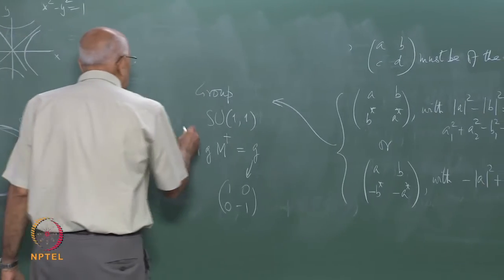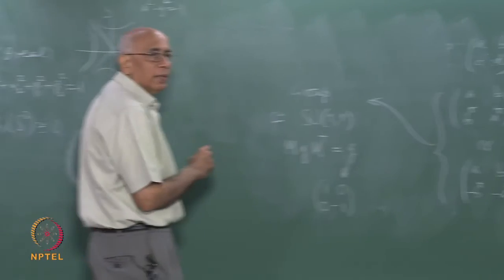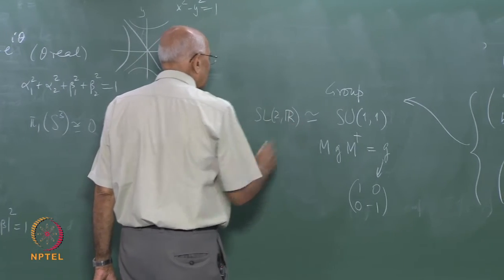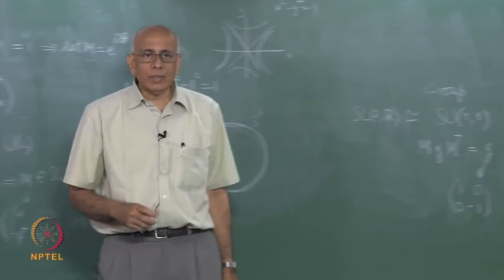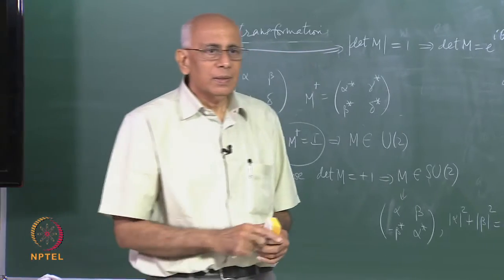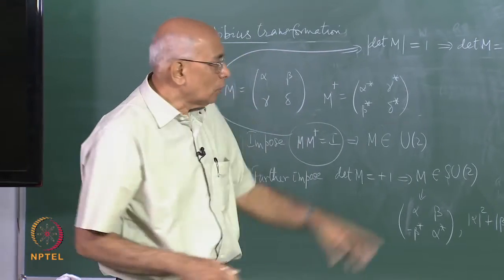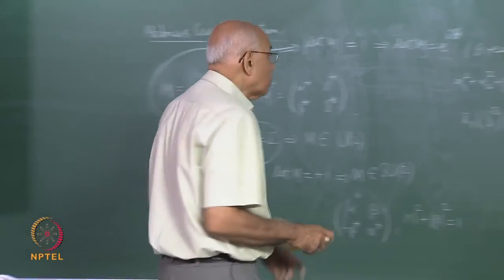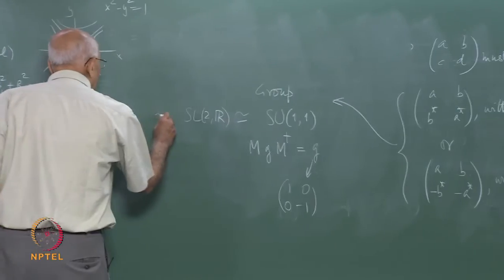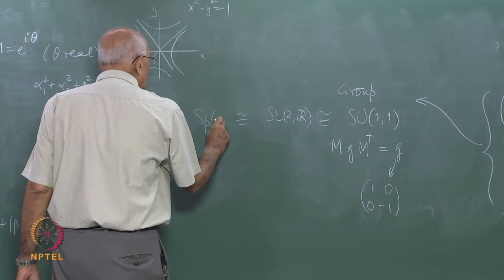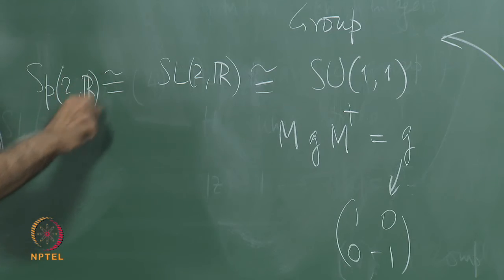Now SU(1,1) itself has other interesting properties. This group happens to be isomorphic, interestingly, to SL(2,R). So the set of 2 by 2 matrices with unit determinant with real entries is in one-to-one correspondence with those matrices of that kind, and it is also isomorphic to the group of canonical transformations with 1 degree of freedom.